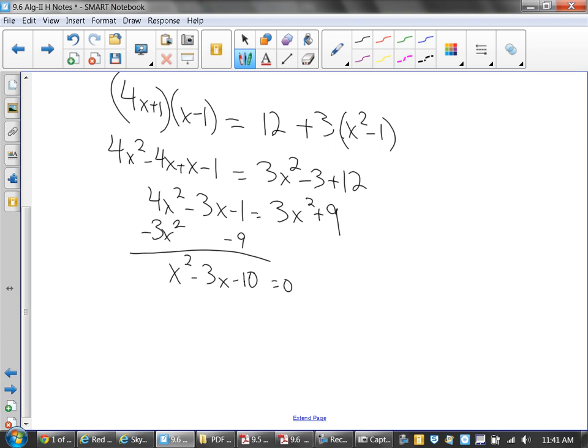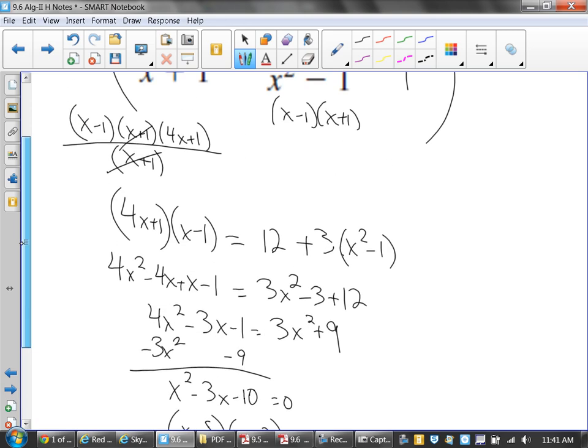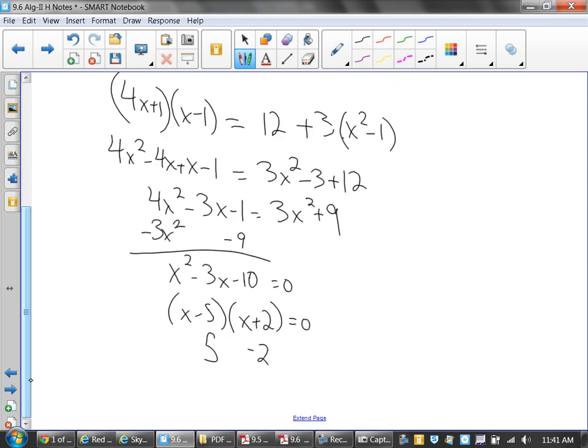What times what is negative 10, and you add together to get negative 3? Negative 5 and 2, good. What are your zeros? 5 and negative 2. Are they both okay? I hope so. Did they make a 0 out of the denominator? No. Should be okay.